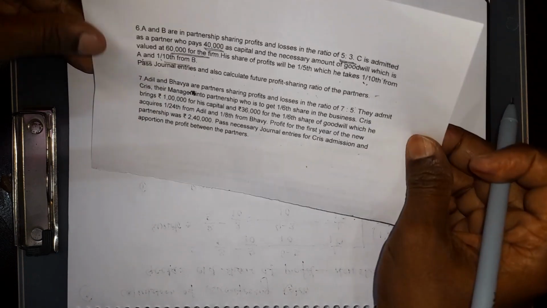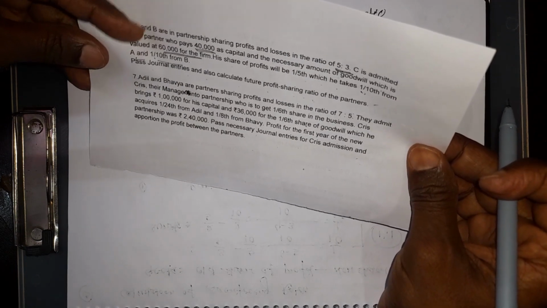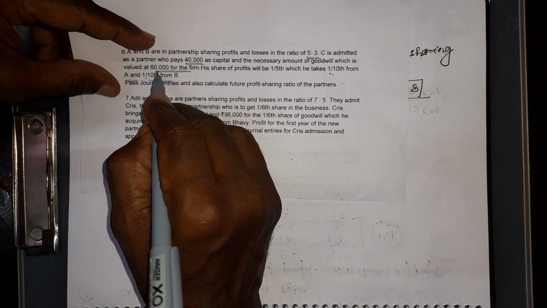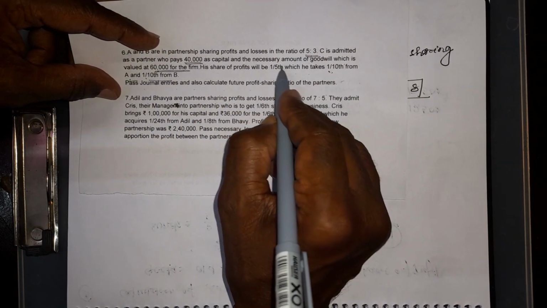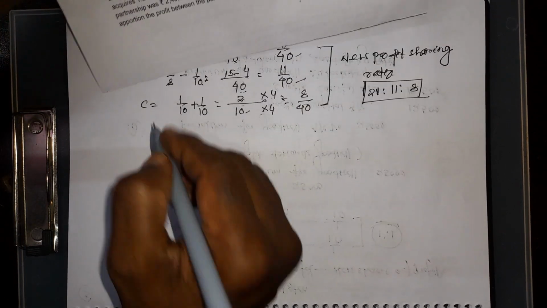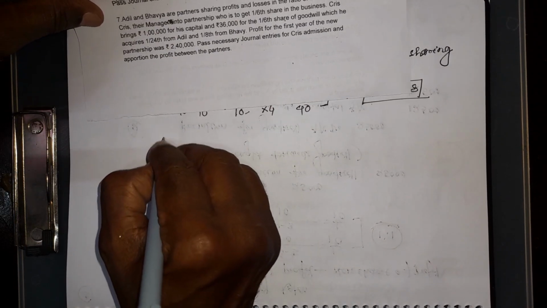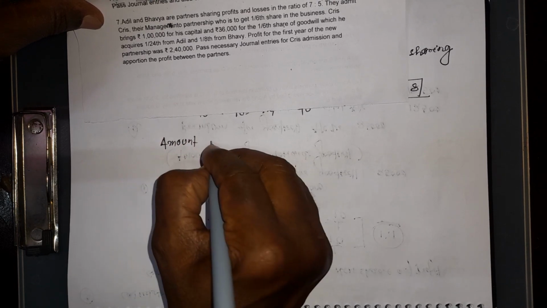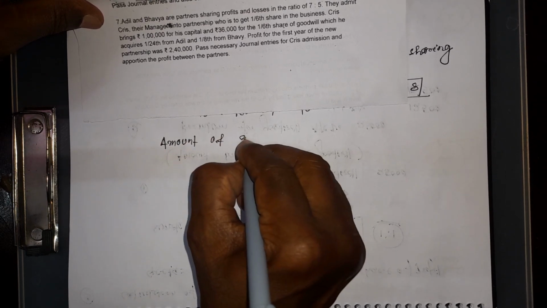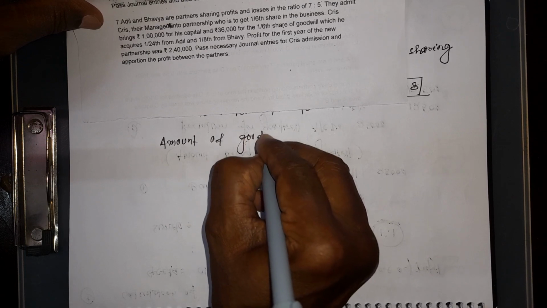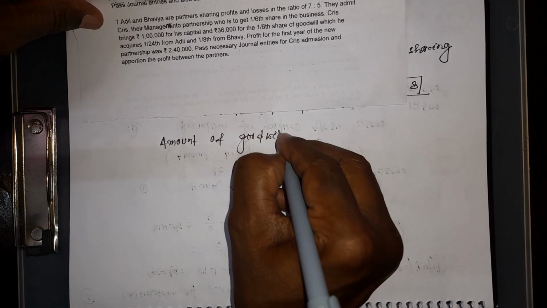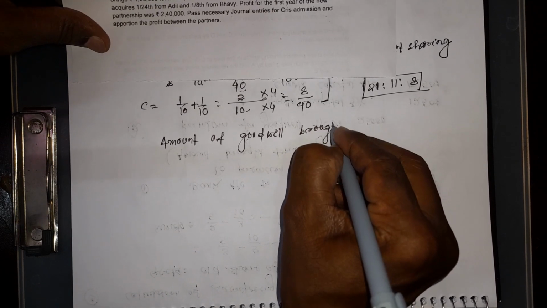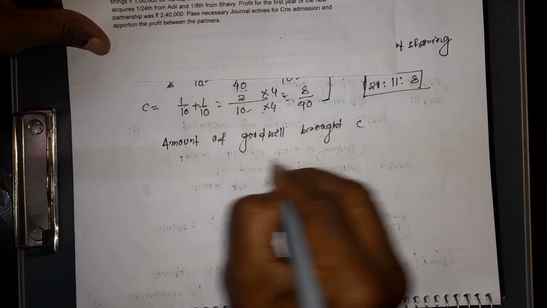Now you have to pass the journal entries. Here we have to calculate the amount of goodwill. Here it is written, a necessary amount of goodwill. So write amount of goodwill brought by C. How much did she bring?